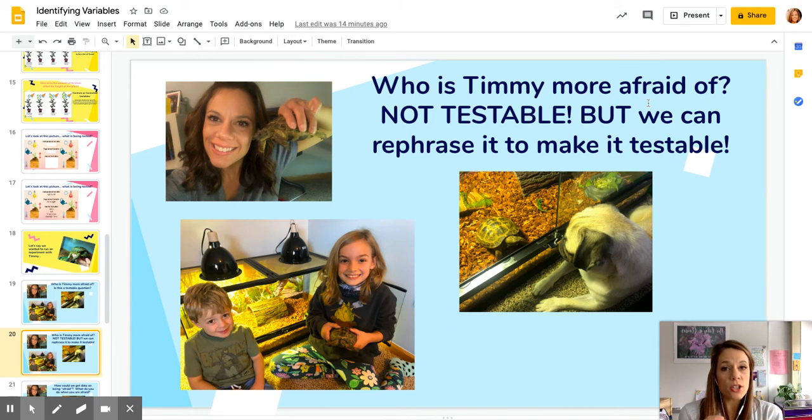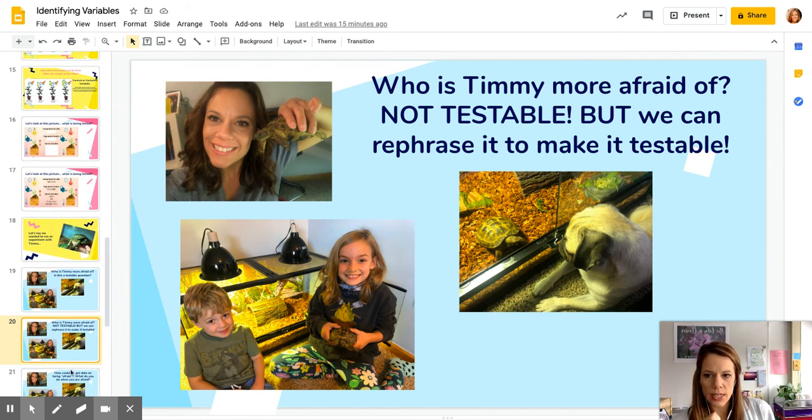But we can actually rephrase this so that we could run an experiment on this. Because again, I can't just ask Timmy. I can't just say, hey, Timmy, who are you afraid of? He's just going to look up at me and do nothing, right? Because turtles or tortoises can't talk. So we have to change the way the question is phrased so that we can change something and gather actual data.